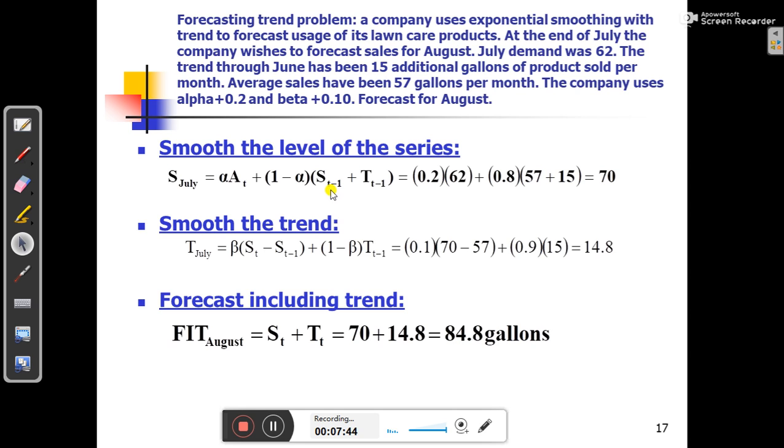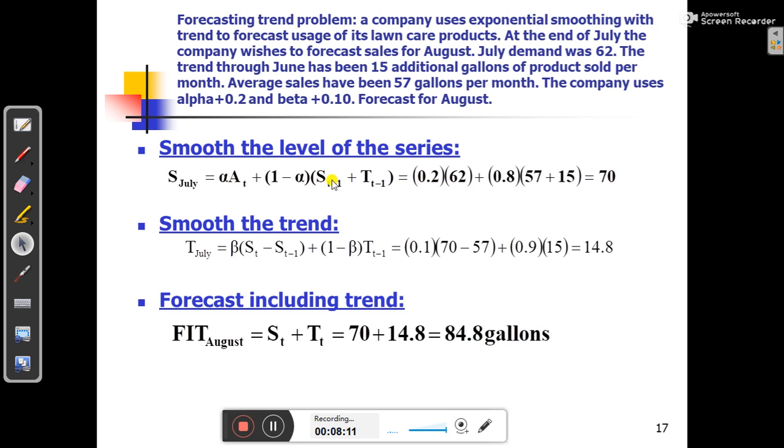As t minus 1, that is the average value 57 per month, plus the trend, which is 15. So our predicted value, because the equation of smoothing for July, you can use like this.